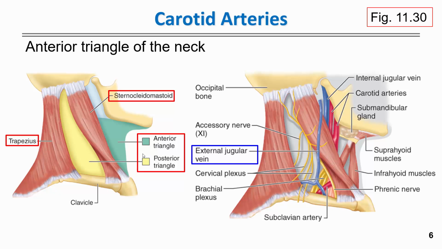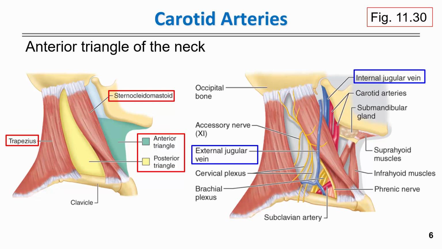So I'm just going to point out a couple of the structures to make note of here. On the most superficial side, that crosses over the sternocleidomastoid, is the external jugular vein, and because it's a vein, this is a vessel that's returning deoxygenated blood from the superficial head, neck, and face region back to the heart.